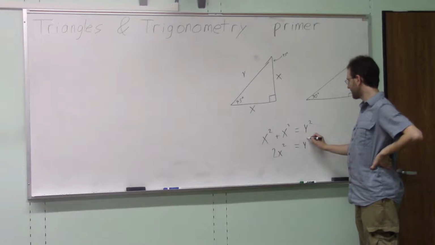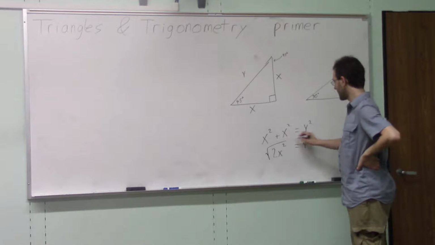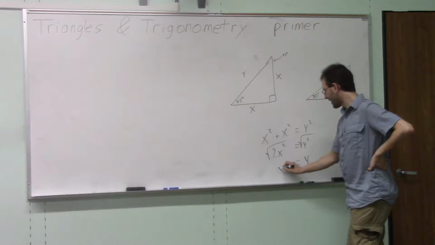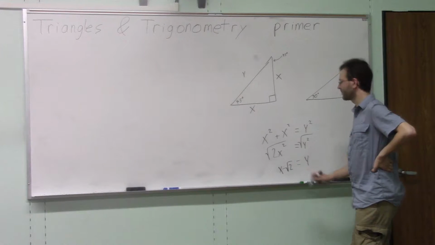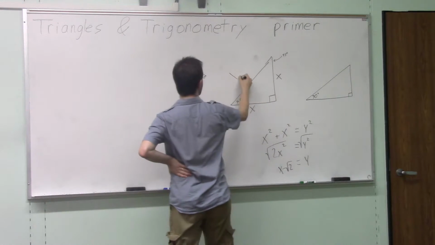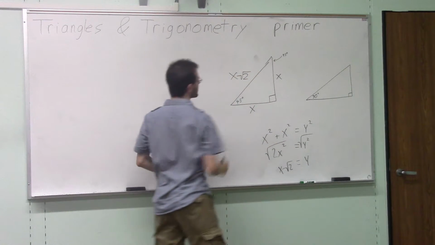Square root each side, and you get the following. y equals x times the square root of 2. So that's the length of this third side, x times the square root of 2.